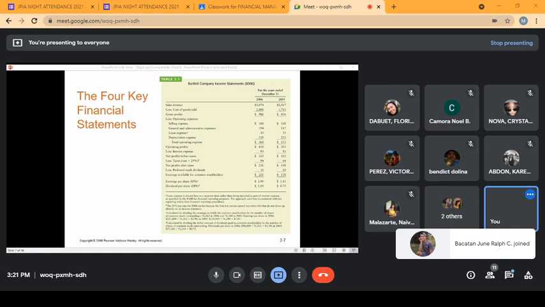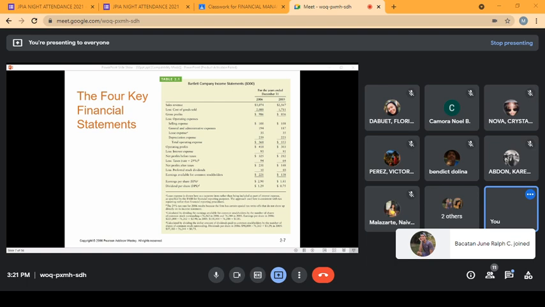Okay, this is an example of a retained earnings statement. Take note, take a look. No, there is a beginning balance. They added the net profit earned during the year, and then they deducted the dividends provided to shareholders, and then it will provide the ending balance of the retained earnings.